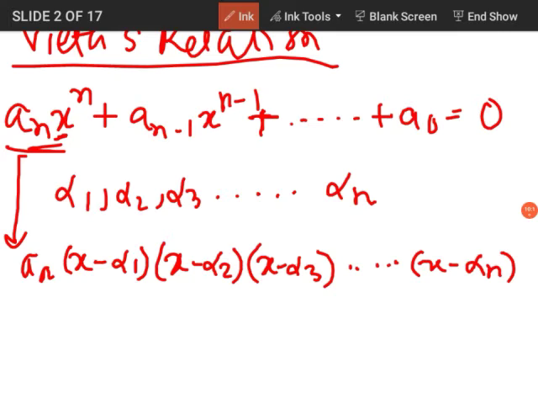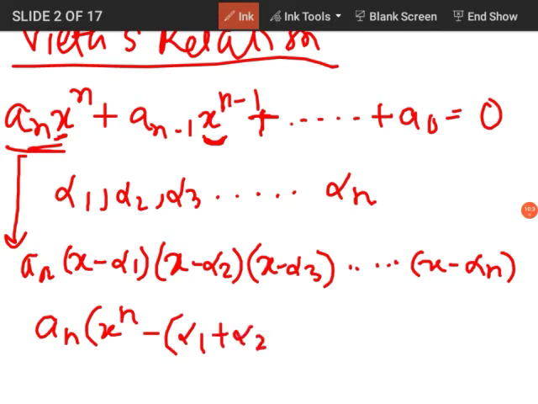If I open the brackets and compare the coefficient of x raised to the power n minus 1, this will be a_n times alpha 1 plus alpha 2 plus alpha 3 up to alpha n, multiplied by x raised to the power n minus 1.